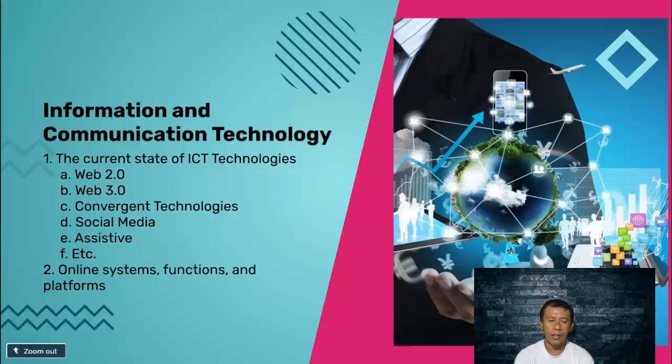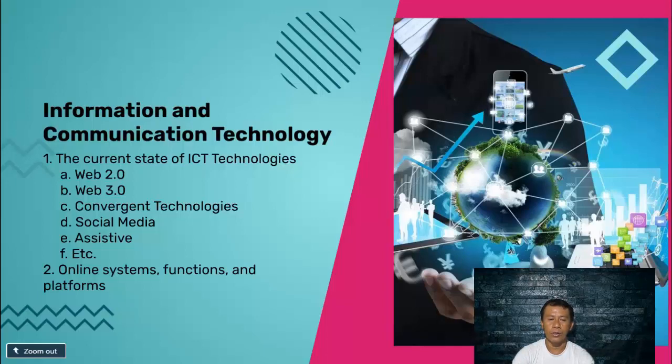For ICT, we will tackle the information communication technology and the current state of ICT technologies, which is divided into 5, and there are still many things that we can learn and study in this current state of ICT technologies. The second one is online systems, functions, and platforms.